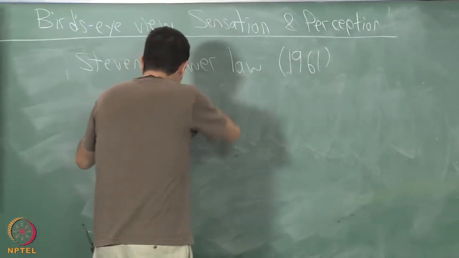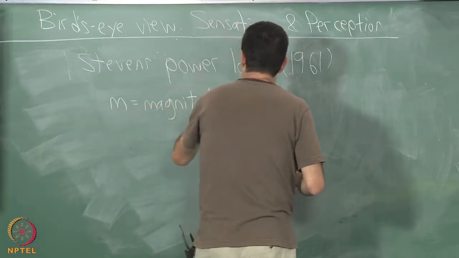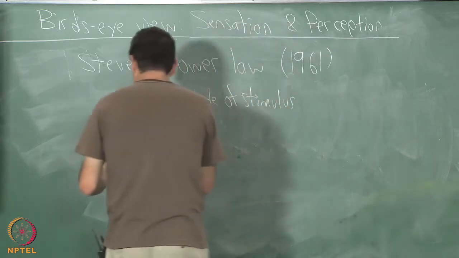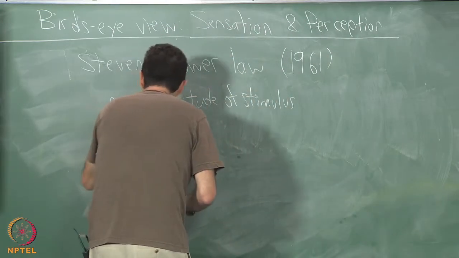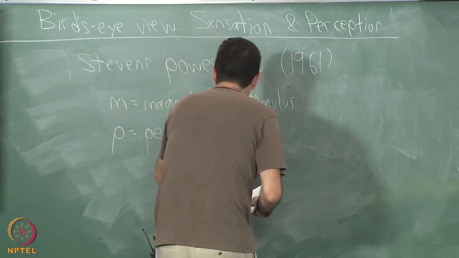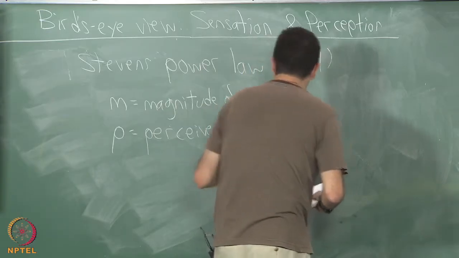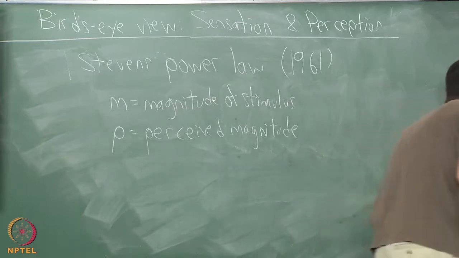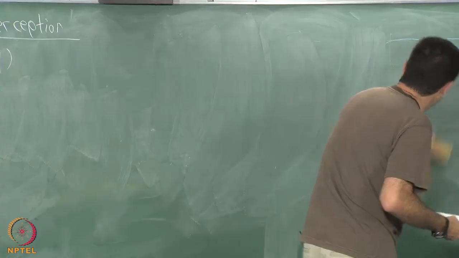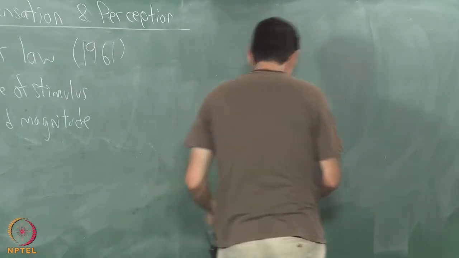Let's say m is the magnitude of the stimulus and p is the perceived magnitude. This is a pattern that will show up over and over again, and it definitely shows up throughout virtual reality.